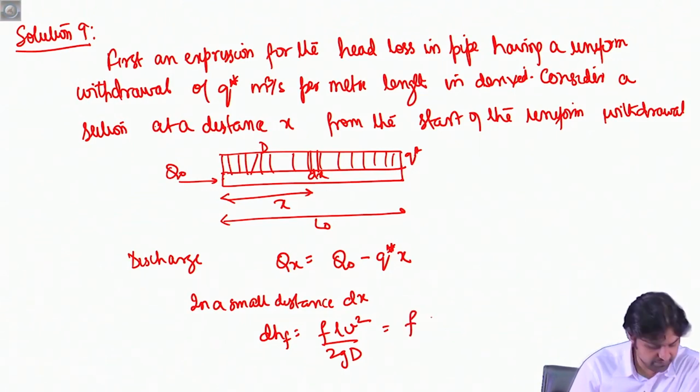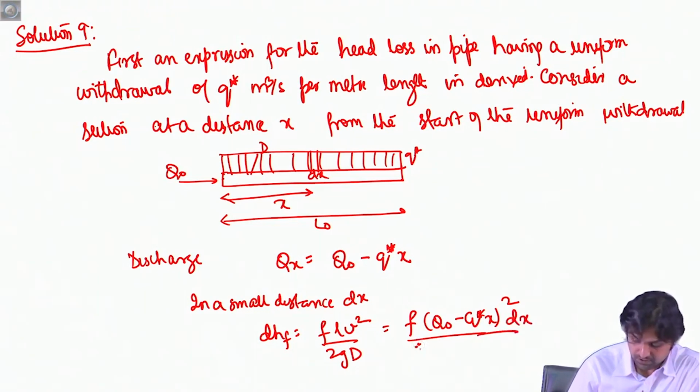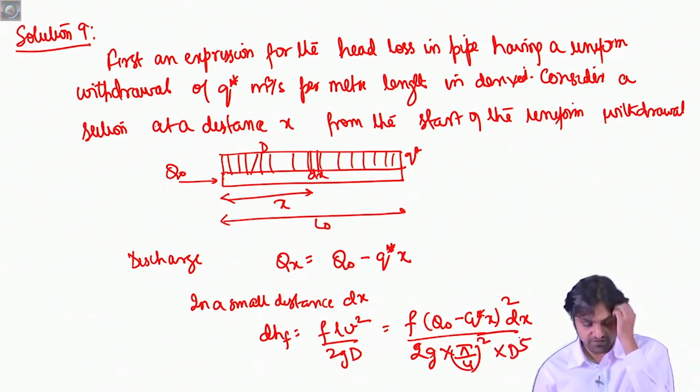So, we can write f into (Q naught minus Q star x) whole square divided by 2g into (pi by 4) whole square into d to the power 5.